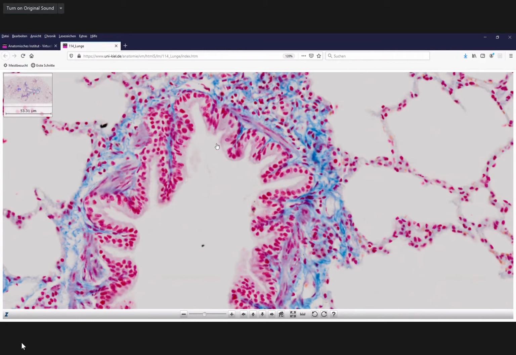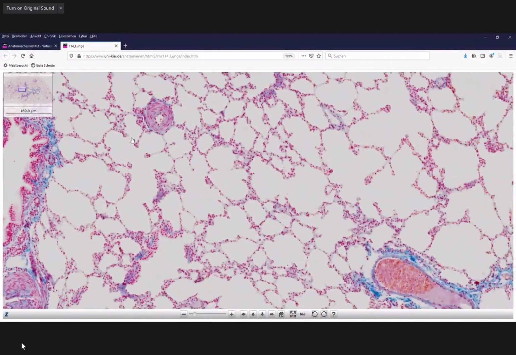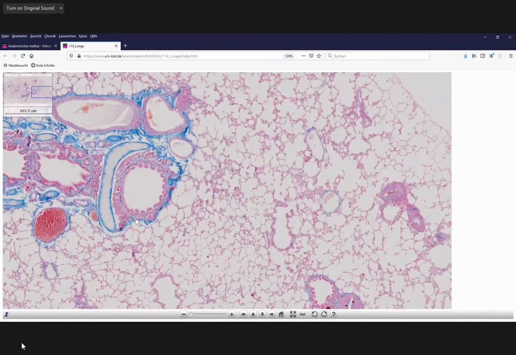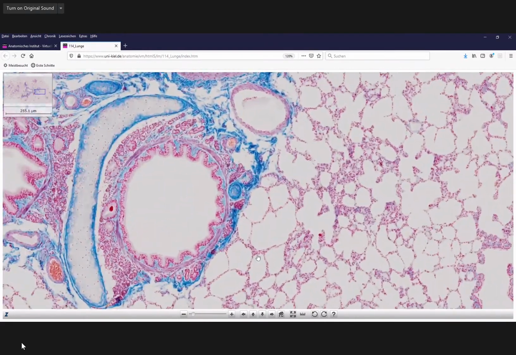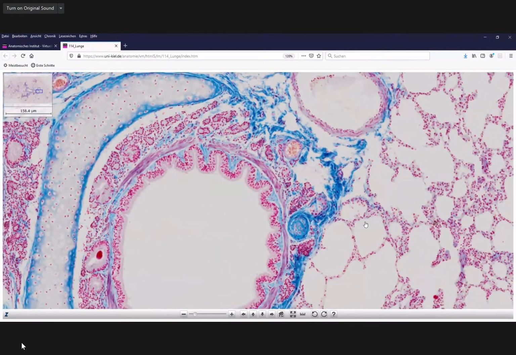But one feature of a typical bronchiole has not been named yet, and you can see it here. Bronchioles have these cells here. When we go back to our bronchus, now look at the bronchus here.